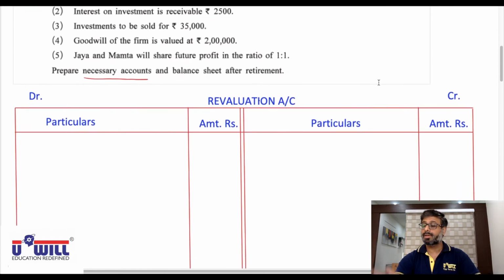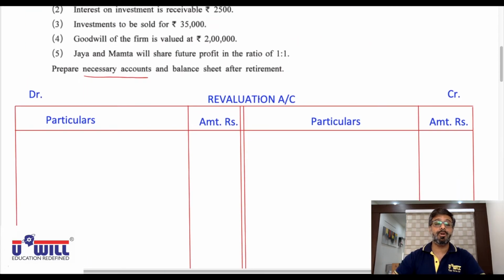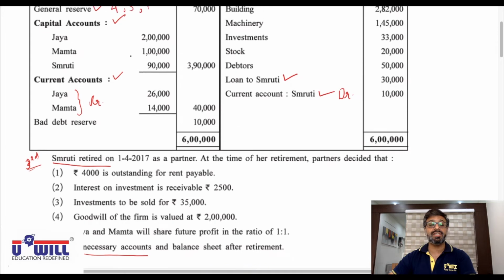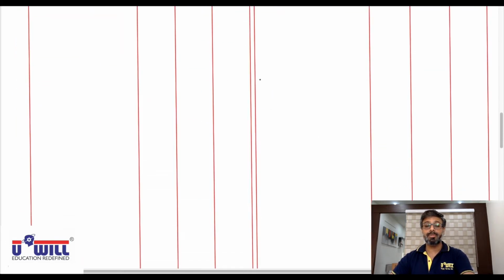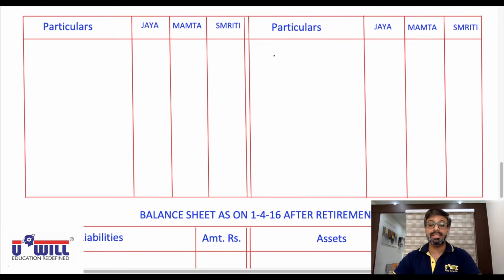Okay, I hope everyone has done the formats. Now be attentive. Very first we record the capital balances, 2 lakh, 1 lakh and 90,000. So partners capital account, all of you write down credit side by balance brought down.